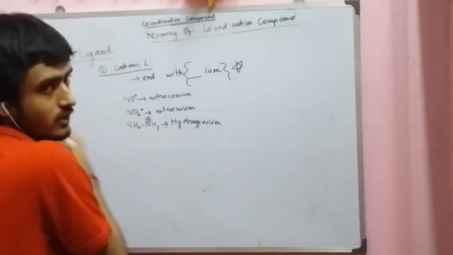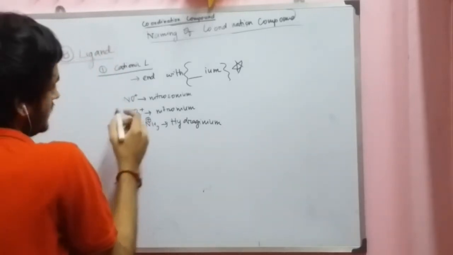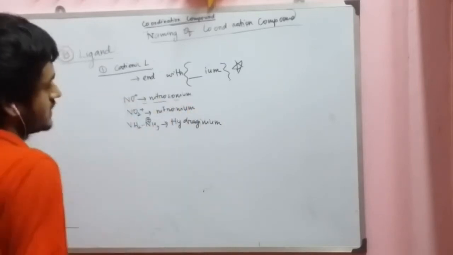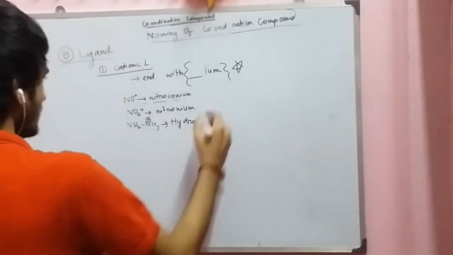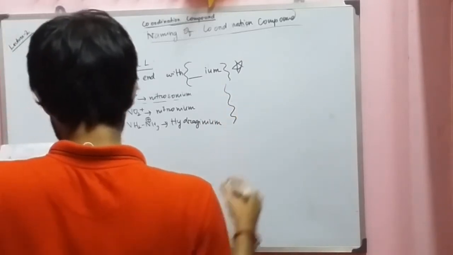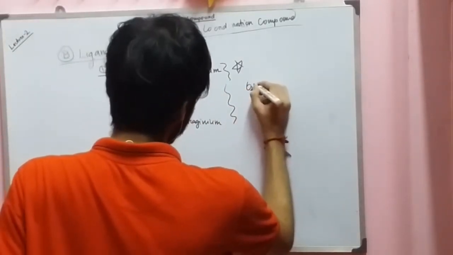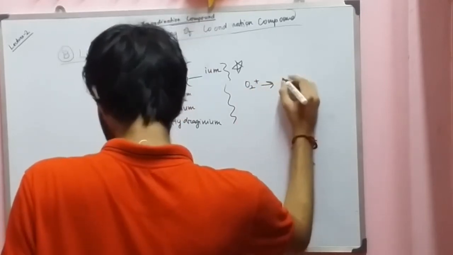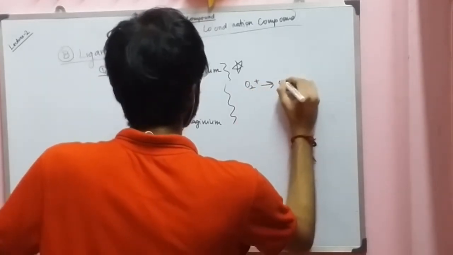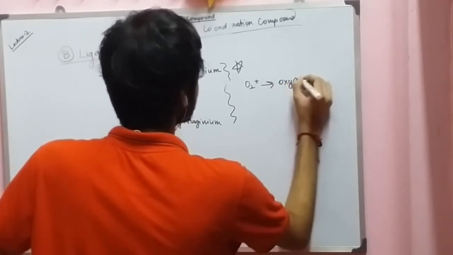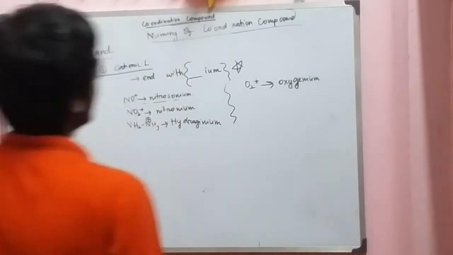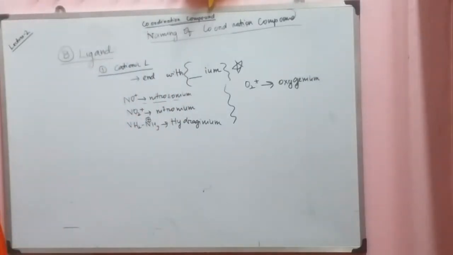Just read it so many times that the name pops out after seeing the structure. And the next is O2 plus. O2 plus is known as oxygenium ion. Okay.